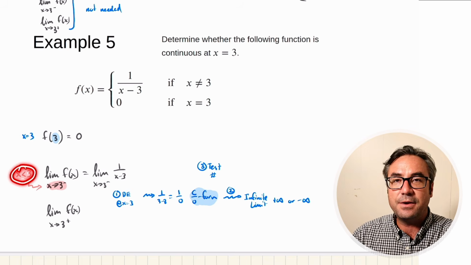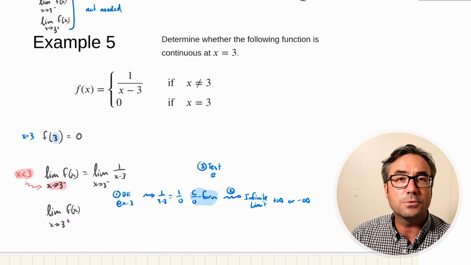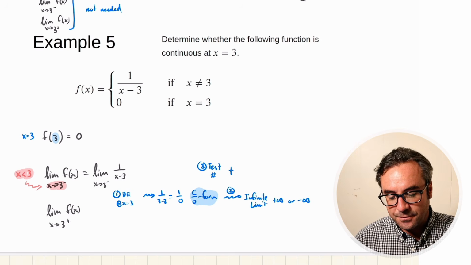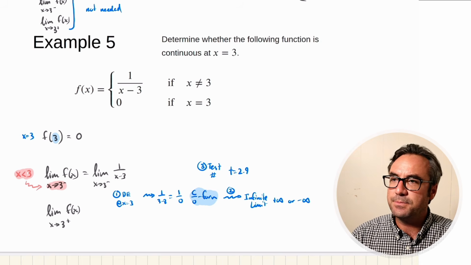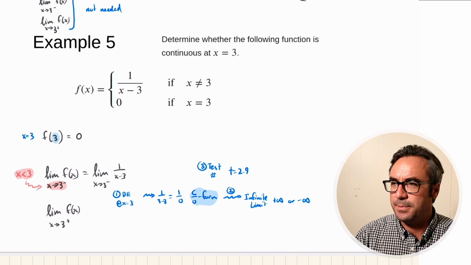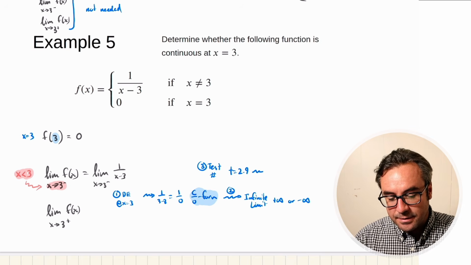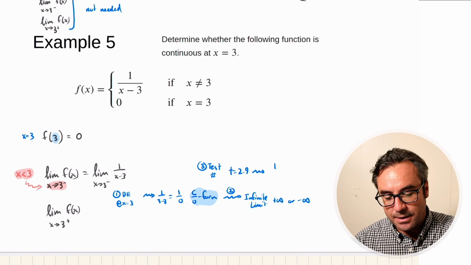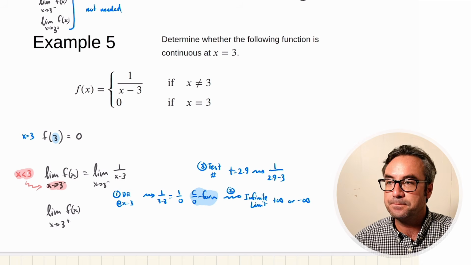So that means the values of x are going to be close to 3, but just a little bit smaller. So a good test number for the left side would be 2.9. So something close to 3, but subtract a little bit. We're going to plug that in to the formula here, and we end up with 1 over 2.9 minus 3.